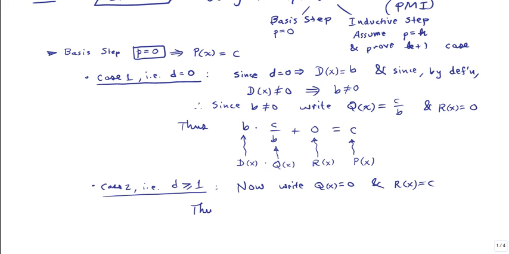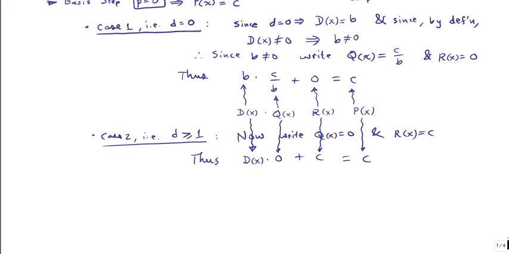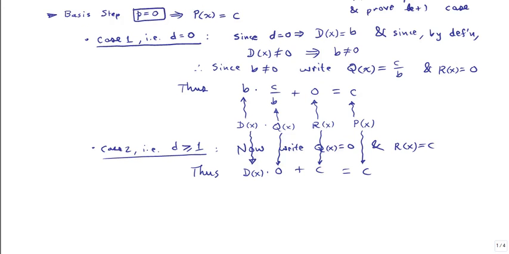Thus, by doing this, I get d of x times 0 plus c is equal to c. So once again, we have d of x, q of x, r of x, and p of x, and we have shown therefore that our polynomial is just a constant value.